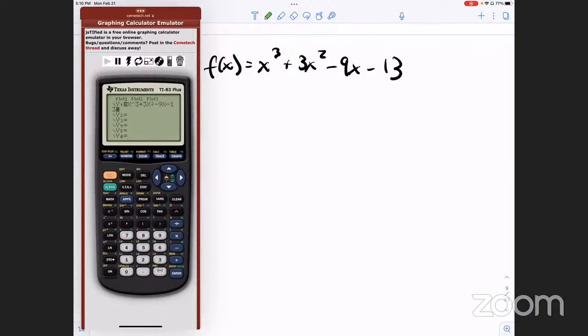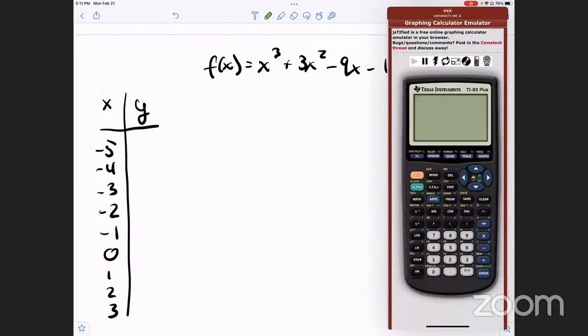Then we just want to plug in those different values, so I'll call on the function that I just typed in. Actually, we can just pull up the table. Let's go to table set. Table start, we want the table to start at about negative 6, change by 1, okay, let's quit. I think you can pull all of these up on the table.